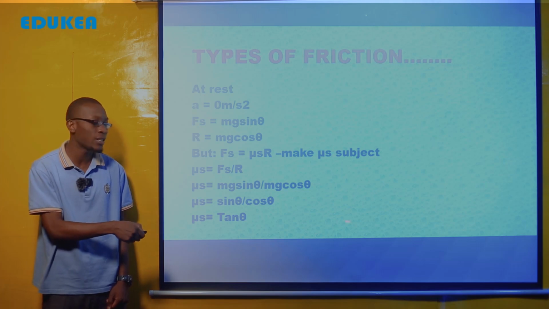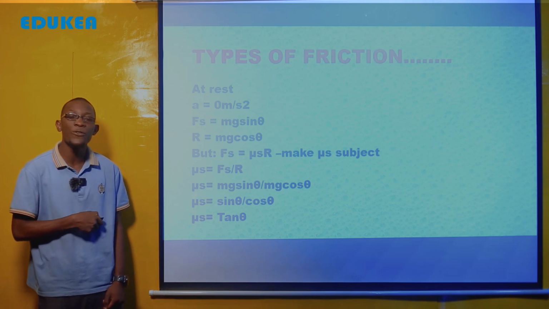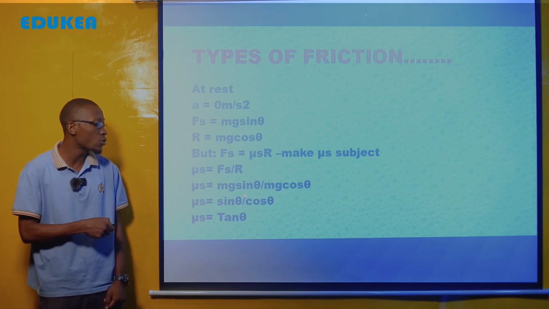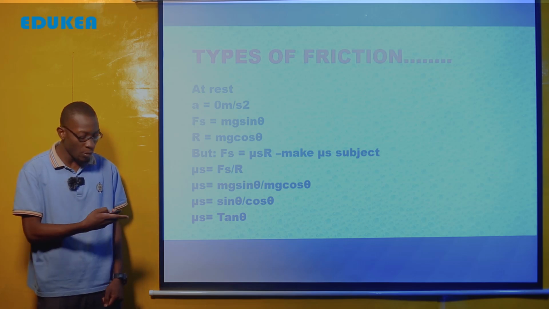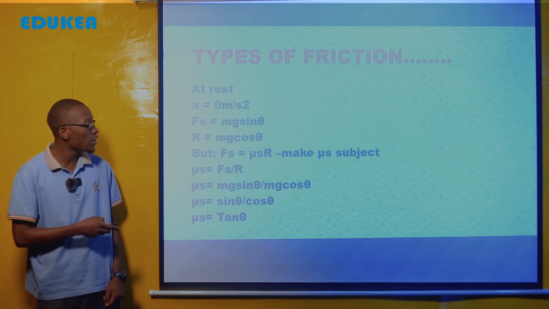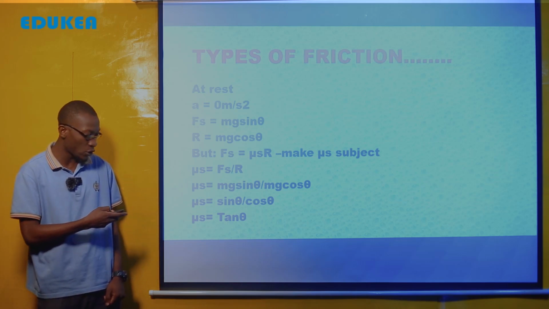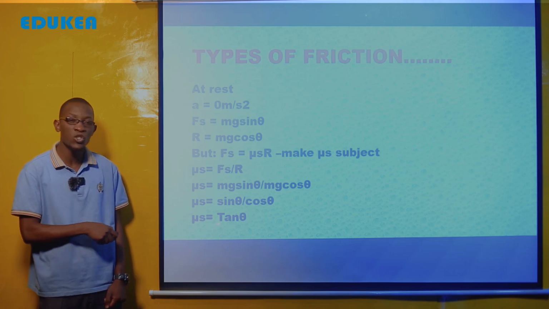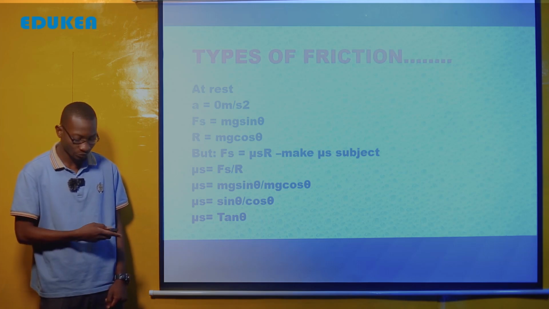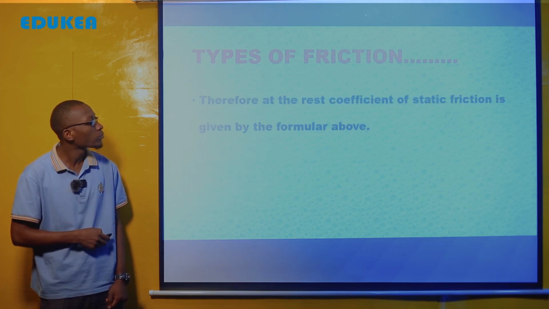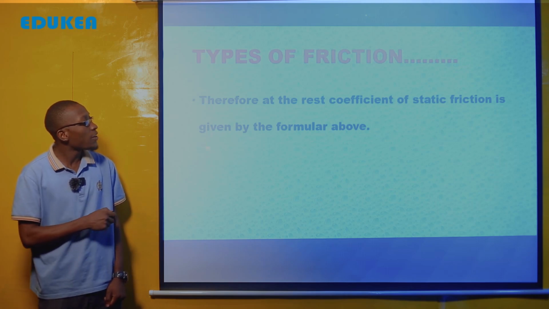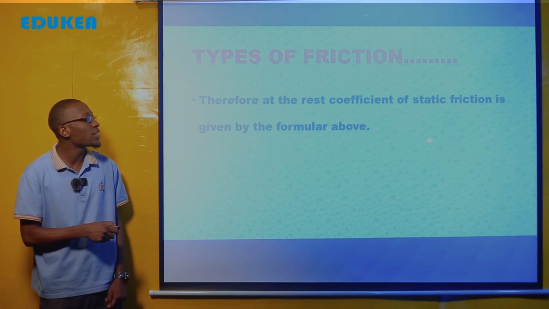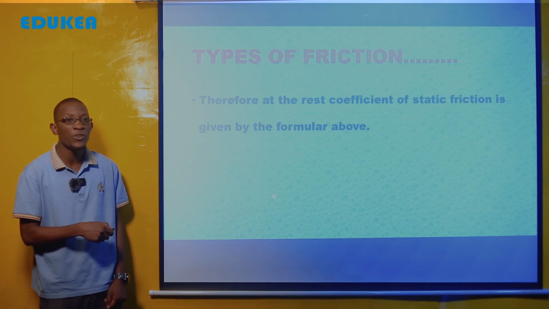So when a body is at rest, the coefficient of static friction is equal to tan theta. Therefore, at rest, the coefficient of static friction is given by the formula mu equal to tan theta.